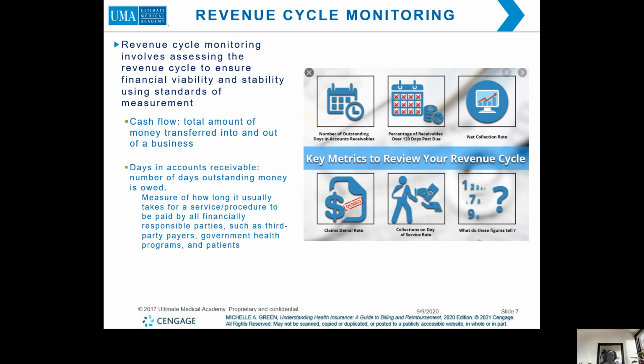So you want the amount of days in the accounts receivable to be a very low number. And a lot of large facilities will have their billers or coders or their quality monitoring staff work on claims that are, say, 60 days old. And they'll say, I want you just to work on these claims. Try to get these claims paid. What's wrong with this claim? So that they can get that money coming in. That cash flow is so important.